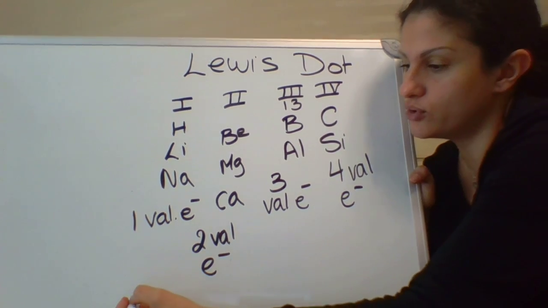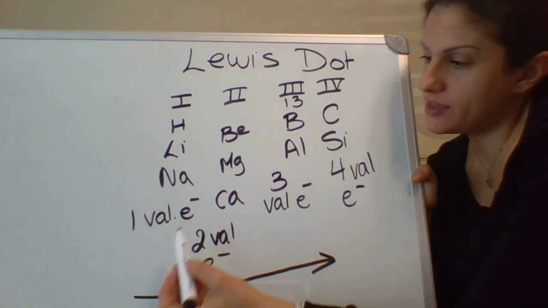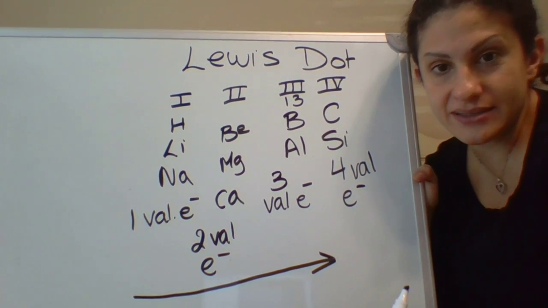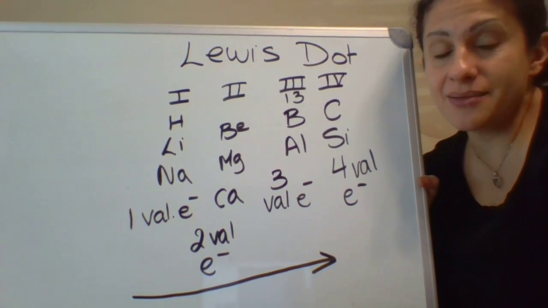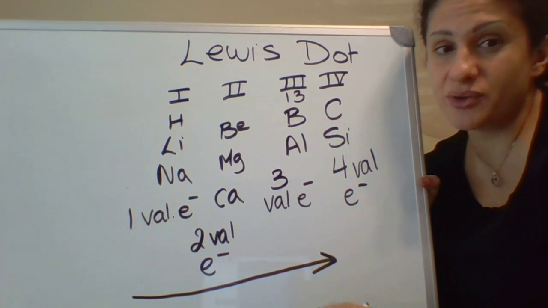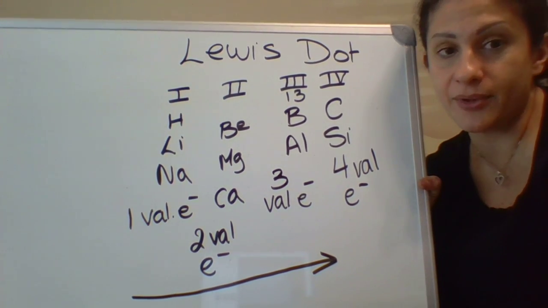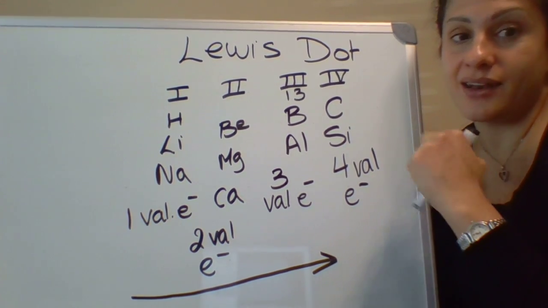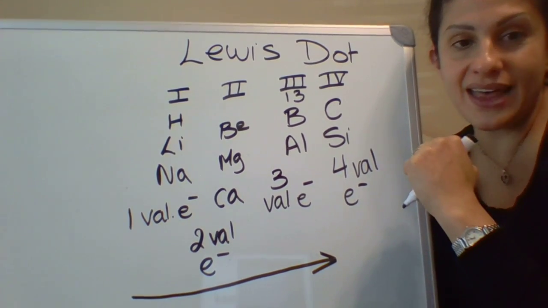And as we move across the periodic table, the number of valence electrons increases. It is a wonderful pattern to remember because it's going to make your life a lot easier in trying to remember how many valence electrons an element has in the periodic table. Find out what group it's in, and then that tells you how many valence electrons are in that element.